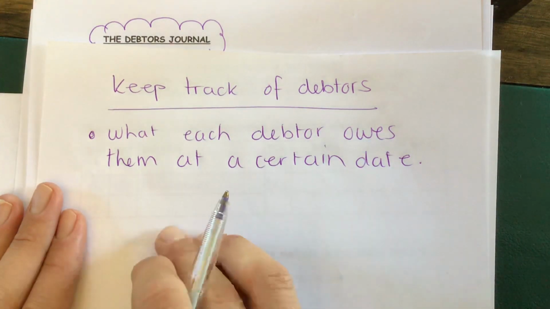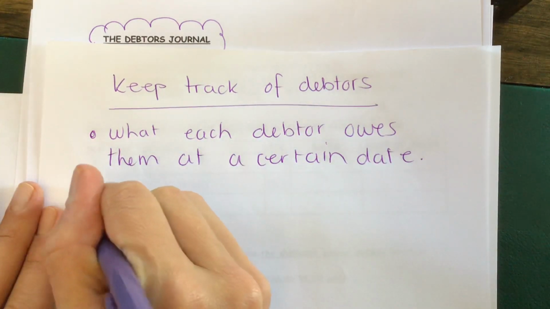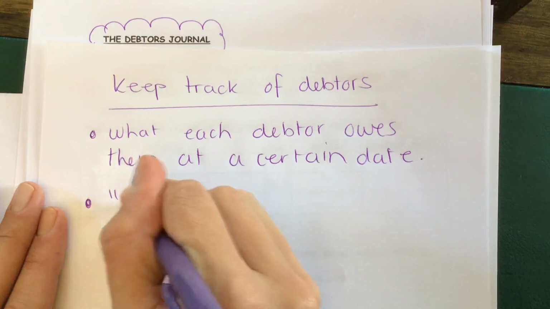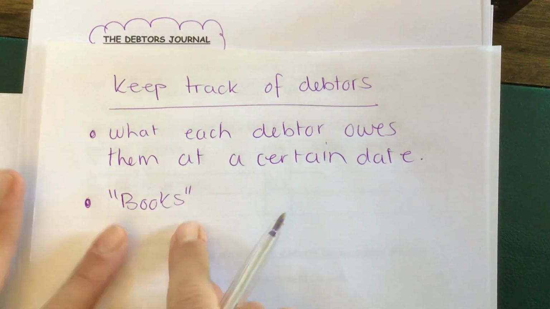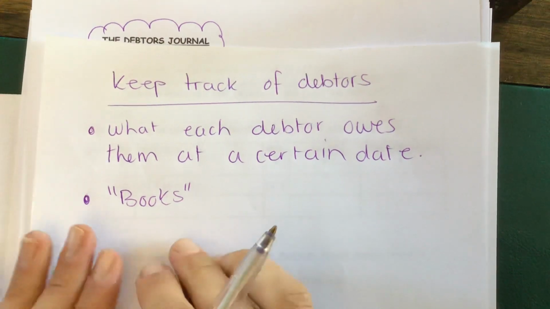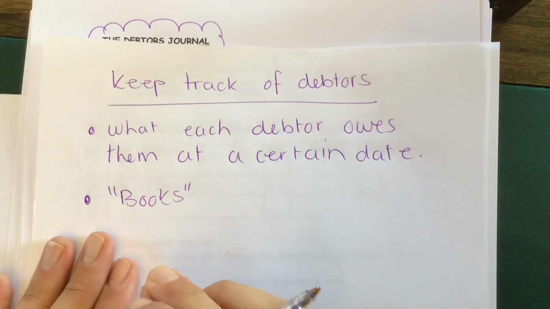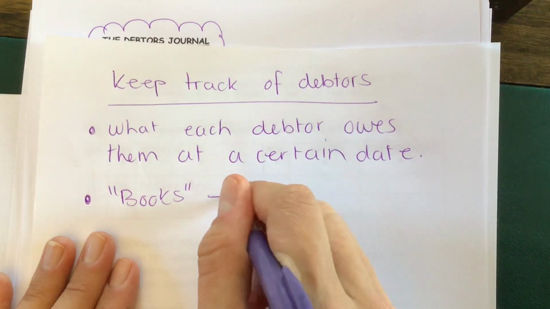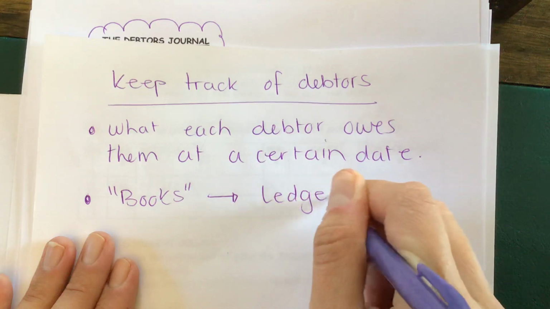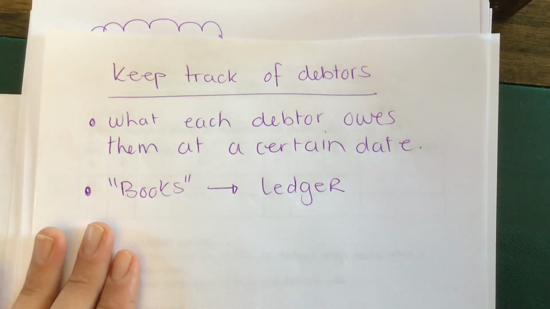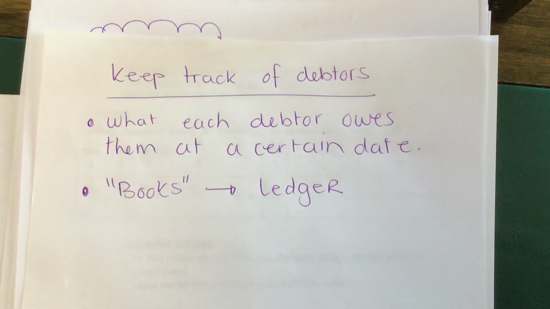Okay, now the way that they keep track of these debtors is using what I call these little books, okay? And each debtor will get their own book, and in that book, we will keep track of the debtor's individual debt. Now, we don't call it a book. We actually call it the ledger, which is the subsidiary ledger.